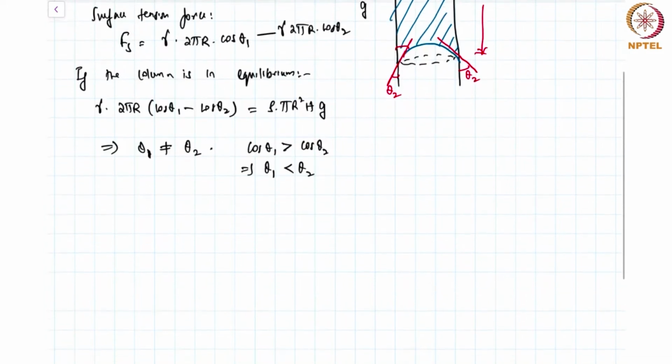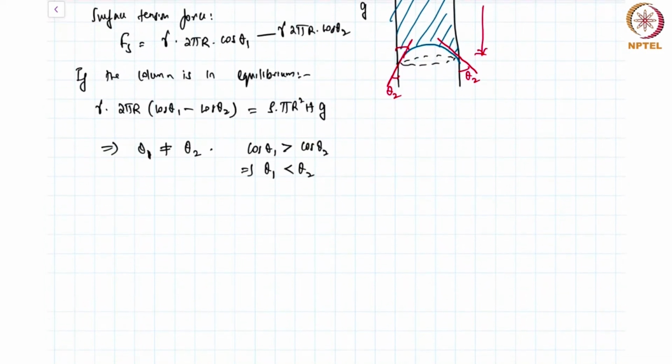Now let's determine the maximum plug height that we can support.